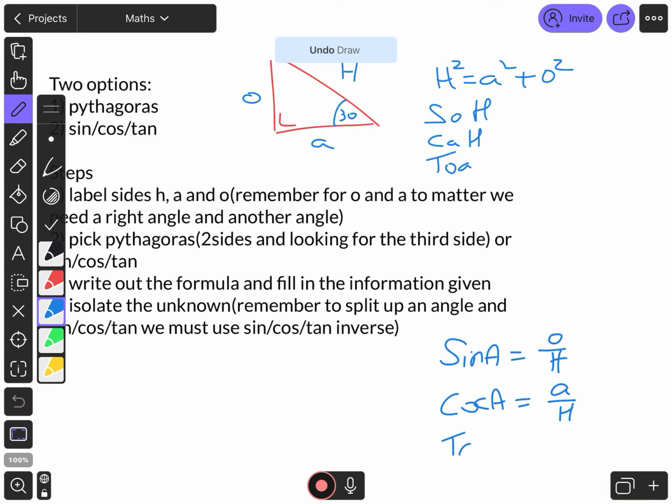And the last one then, tan of any angle is going to give me O over A. So this over this, and they're all going to be lengths.